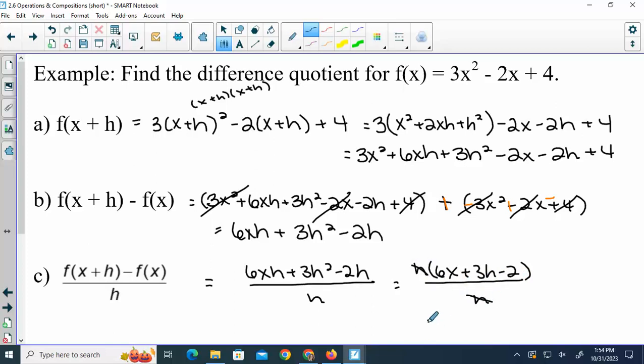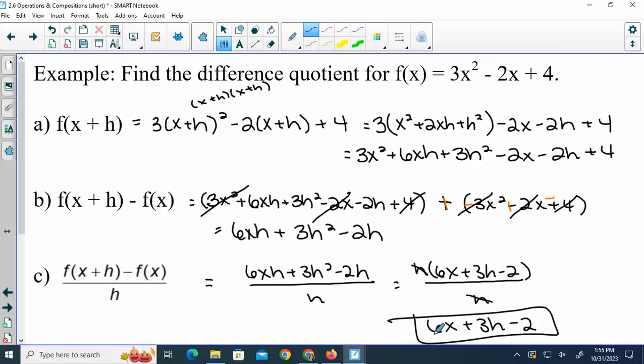Those h's cancel, and we get 6x plus 3h minus 2. Any questions on that one? It's a lot of work, but it's just evaluating functions, plugging things in and then simplifying.